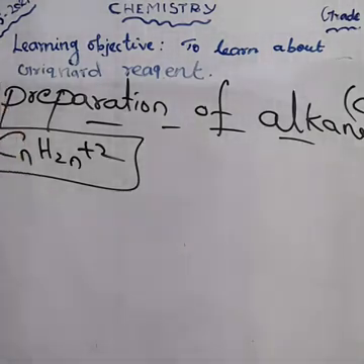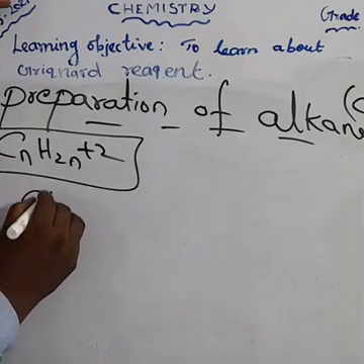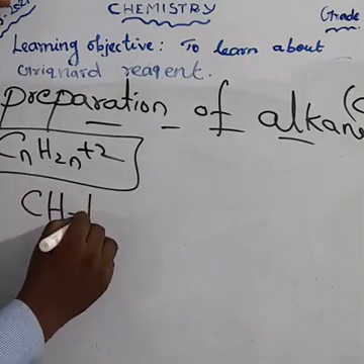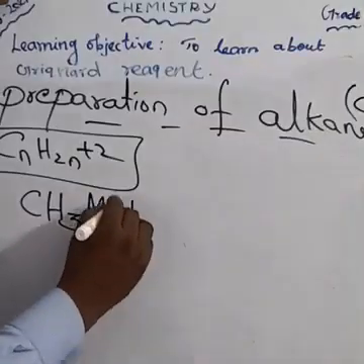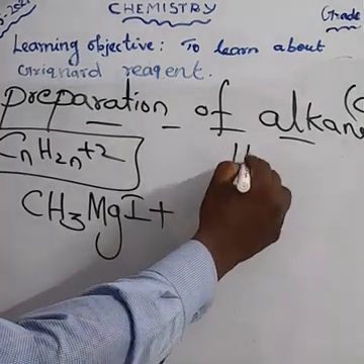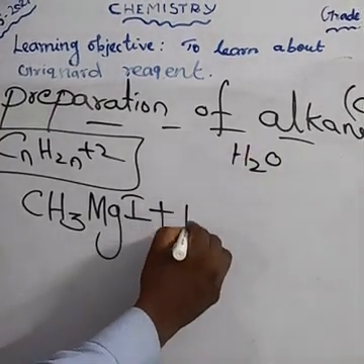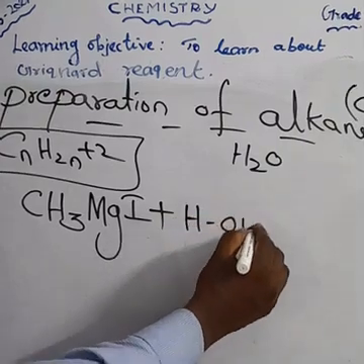First I am taking methyl magnesium iodide, CH3MgI. Methyl magnesium iodide reacts with water. What is the formula for water? H2O. Am I right? This water can be written as HOH.